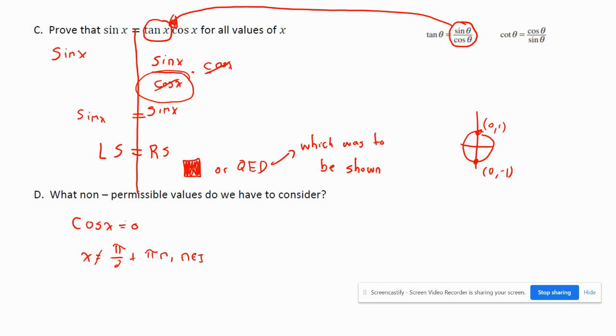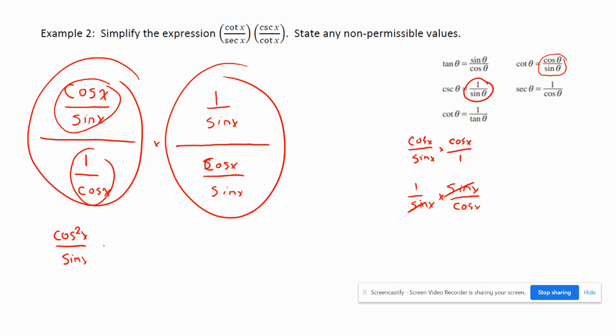So we have times 1 over cos. And then this cosine cancels out with one of the cosines on the top. And so this equals cos over sine. And we know that cos over sine is the same thing as cotangent. So this is equal to cotangent x.